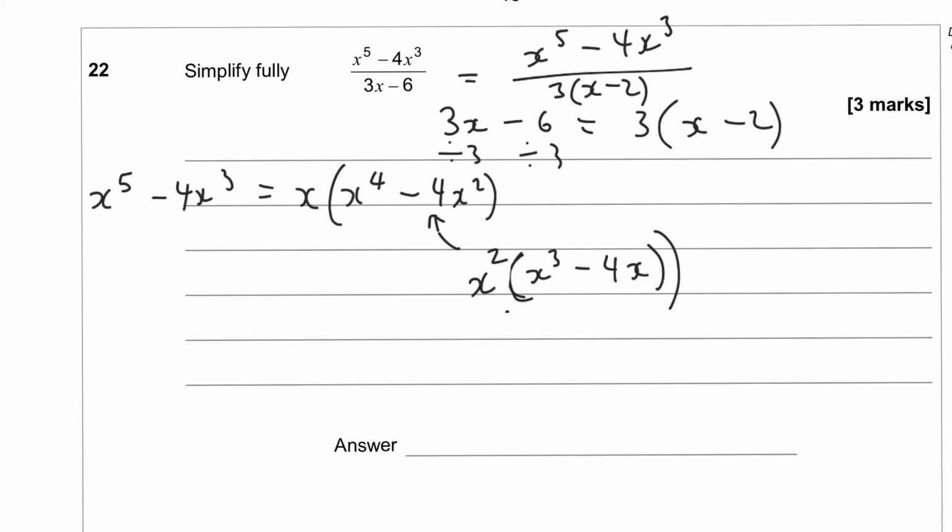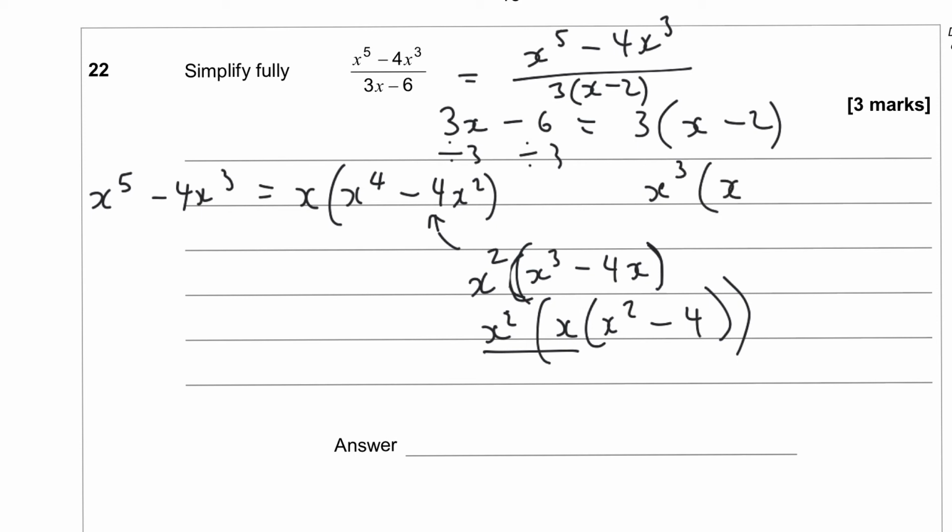And again, we can simplify this even further. Again, x is their common factor, so that'll be x squared, x squared minus 4. Okay, so this one is now nicer. So again, the x squared and the x will multiply, so that will be x cubed bracket x squared minus 4. So that is what we have simplified our top bracket to.